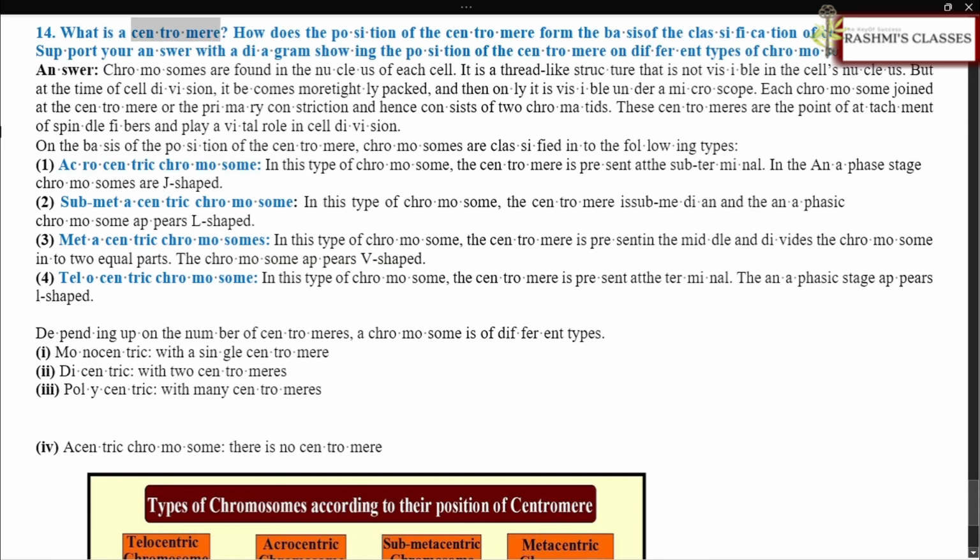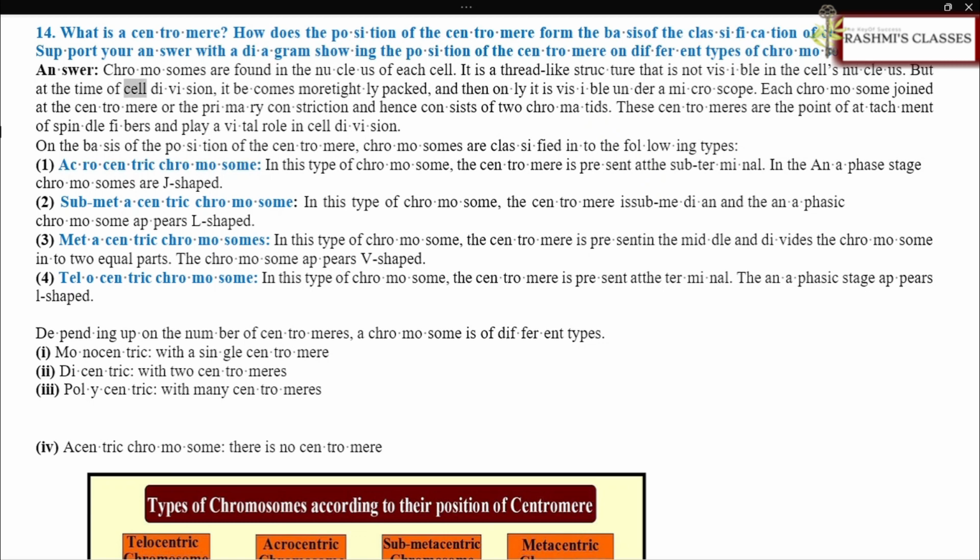What is a centromere? How does the position of the centromere form the basis of the classification of chromosomes? Support your answer with a diagram showing the position of the centromere on different types of chromosomes. Answer: chromosomes are found in the nucleus of each cell. It is a thread-like structure that is not visible in the cell's nucleus.